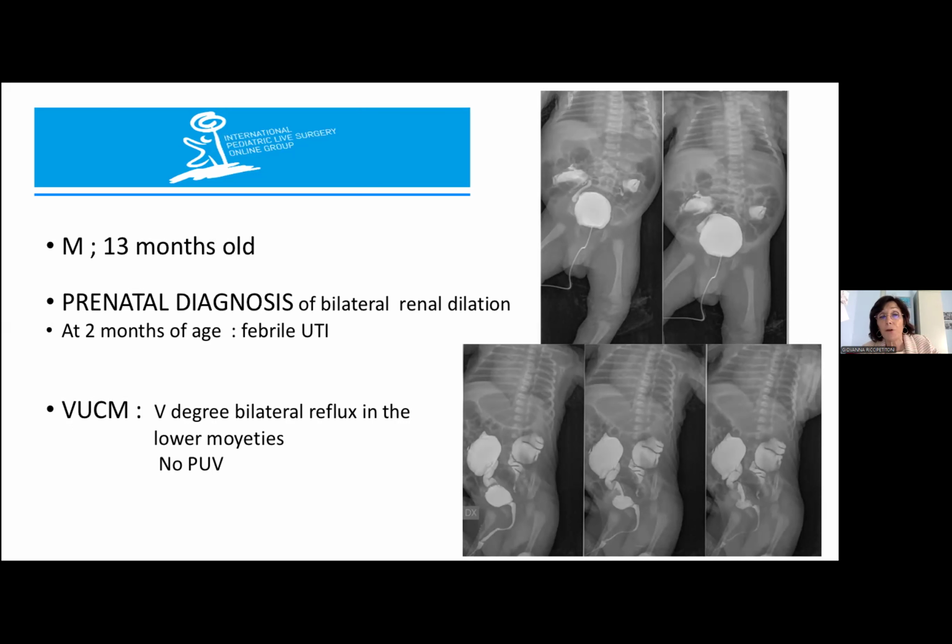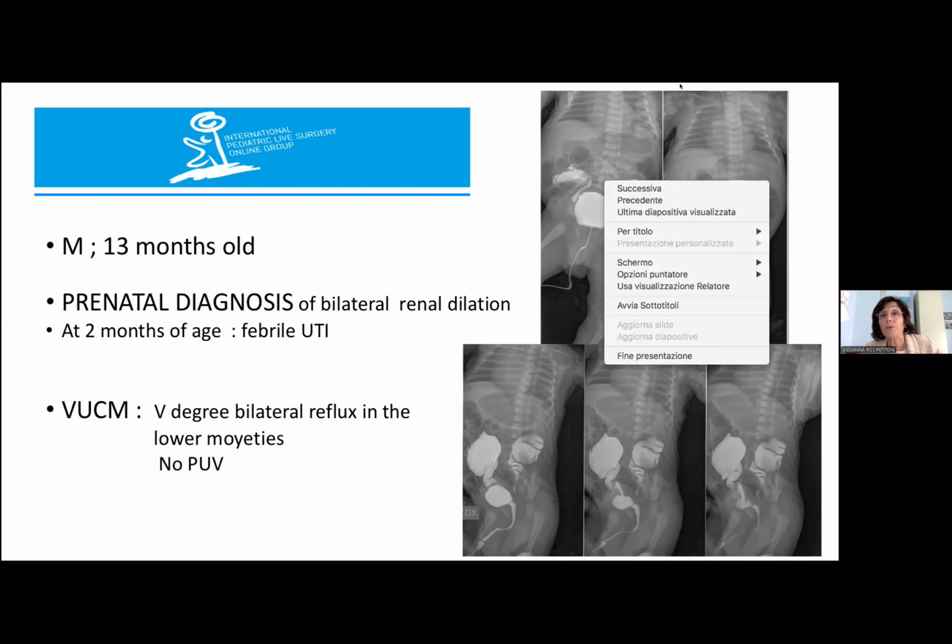We performed the voiding cystogram, which demonstrated no posterior urethral valves, because it was a male, and a big reflux, 4-degree reflux in the lower moiety of both kidneys. So a severe 5-degree reflux in the lower districts bilaterally.